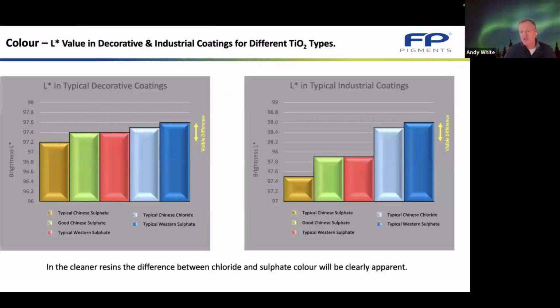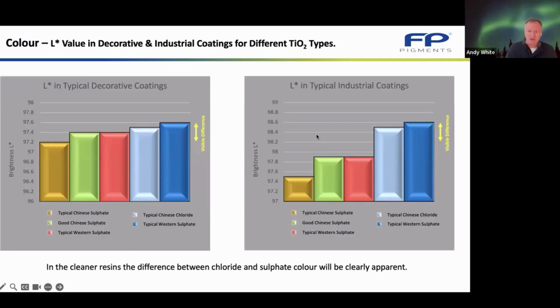And so when you actually look at some of the color differences, and this is a really interesting chart of the color differences from the different types and grades of TiO2. If you're in a decorative coating, like an alkyd paint, there's very little difference even between an average quality sulfate and a very high quality Western chloride. You know, this difference is 0.4 L, so you just about see it.